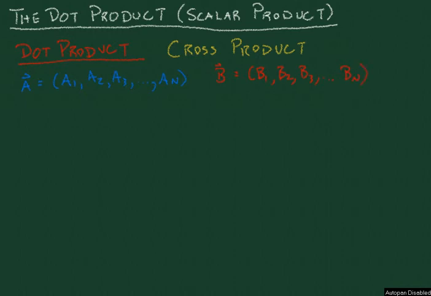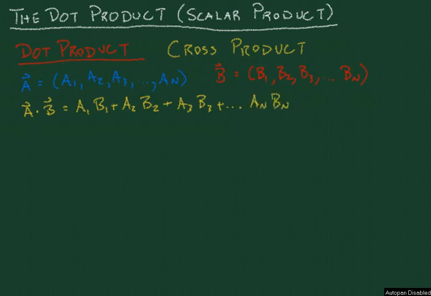So these are n-dimensional vectors. Then we just define the dot product as A dot B is equal to A1 B1 plus A2 B2 plus A3 B3, and the same for all the components up to An Bn.